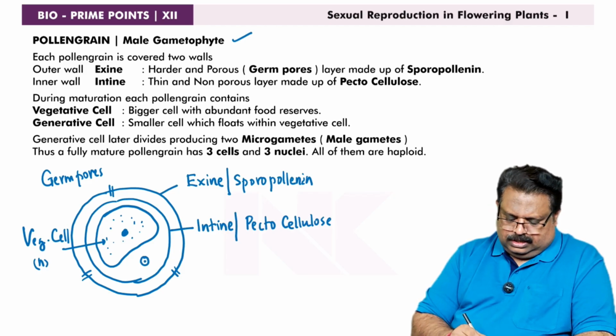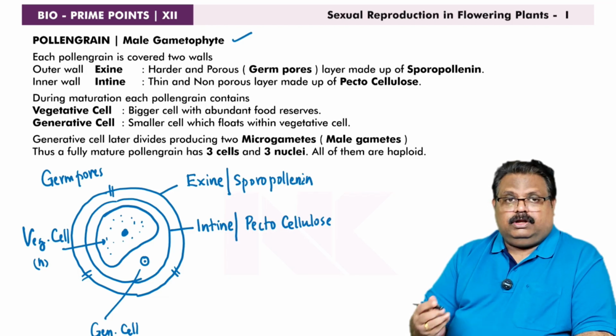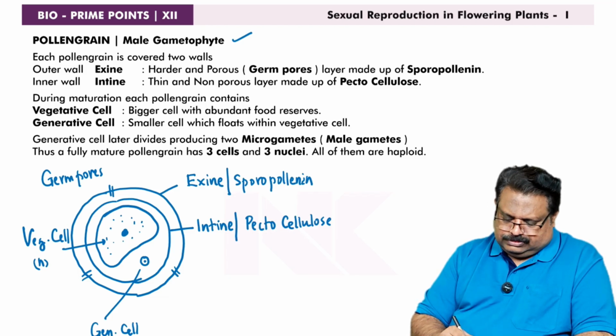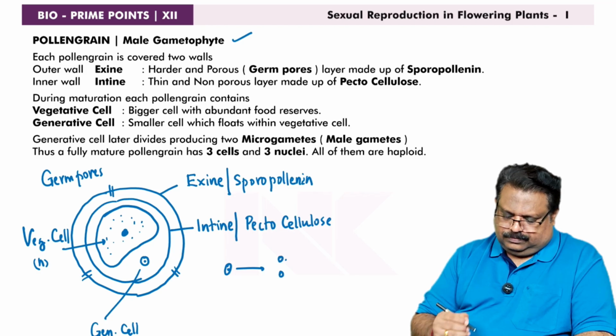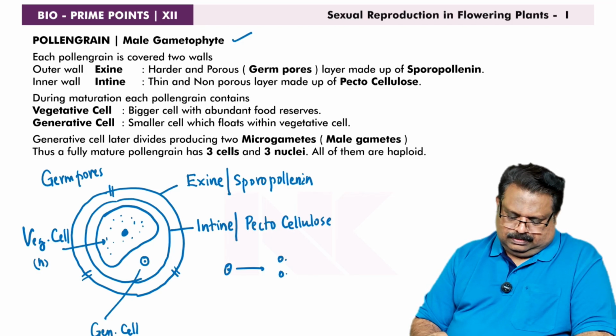That cell is called generative cell. That also is haploid. Later what happens is during maturation, the generative cell divides into 2 microgametes. Microgametes are the male gametes.